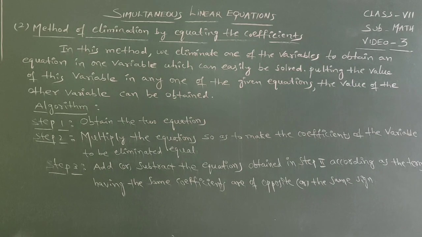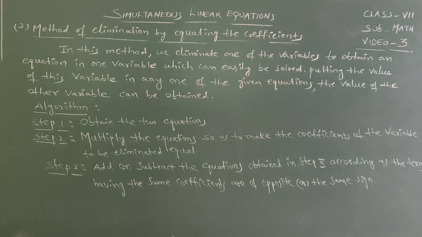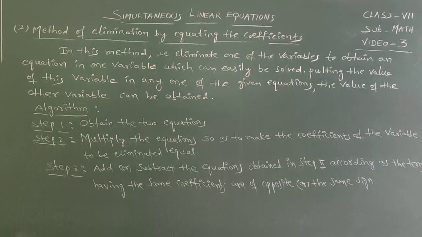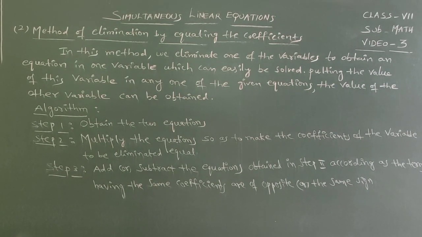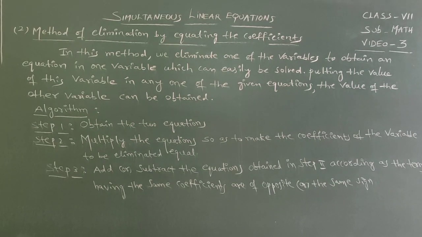Yesterday we learned the method of elimination by substitution and some examples in our methods of solving the given simultaneous linear equations. In general, we have four methods of solving the given simultaneous linear equations.